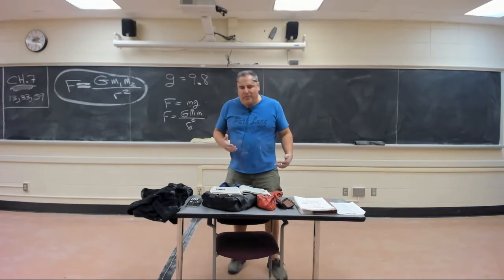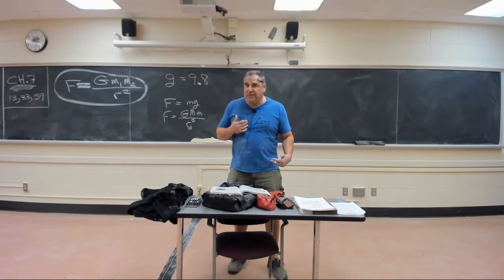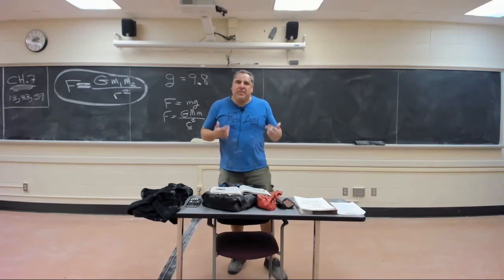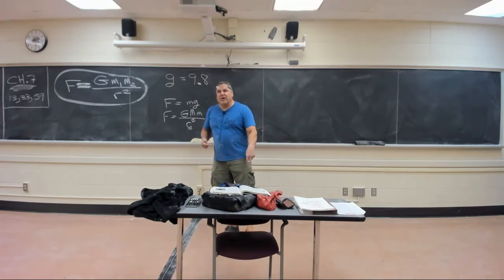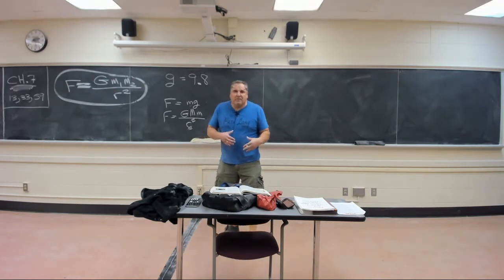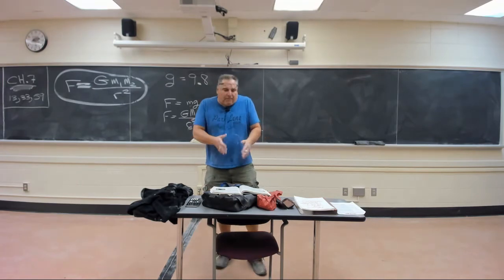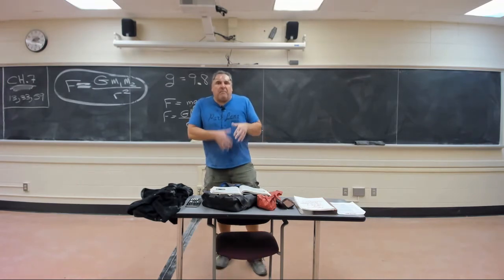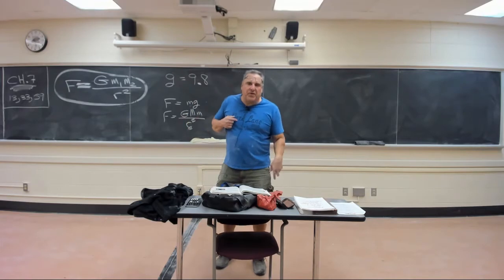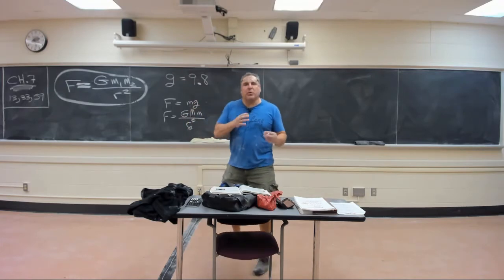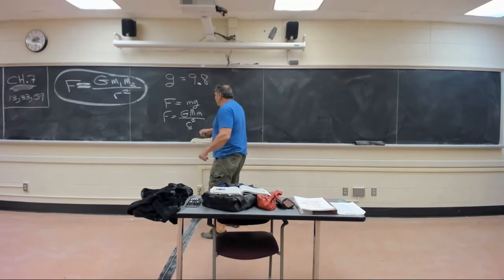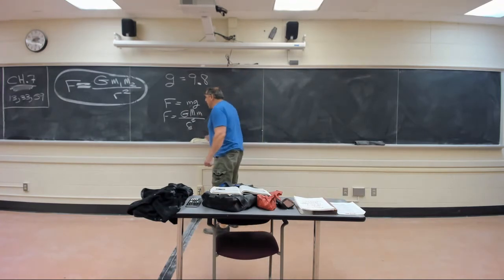Right now, there's no distance between me and the surface, but the Earth's not pulling me as though it's pulling me from the surface. The Earth is pulling me as though it's pulling from its center, to my center, roughly up here somewhere. That distance is roughly the radius of the Earth. So that's the distance between me and the center of the Earth.